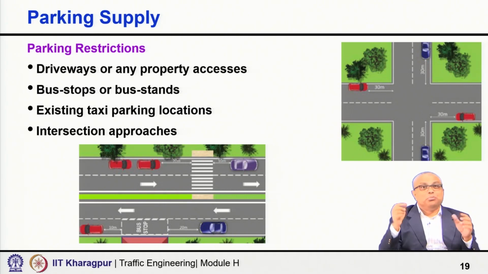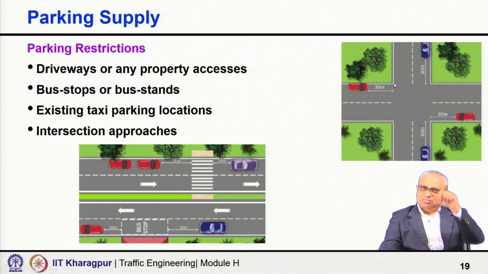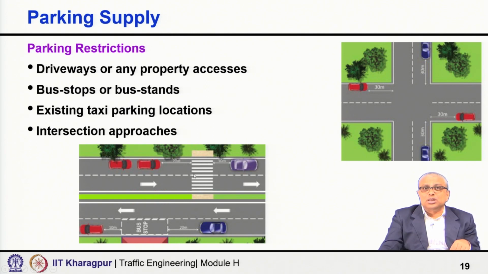But these are the locations. Say I have here 30 meters from the intersections; till that area I cannot park. So wherever there is an intersection, up to 30 meters of curve I will mark as red, that means I cannot park. Wherever there is an access road, I will mark red. Intersection approaches and pedestrian crossings I will mark as red, and before and after a pedestrian crossing, there is a bus stop.